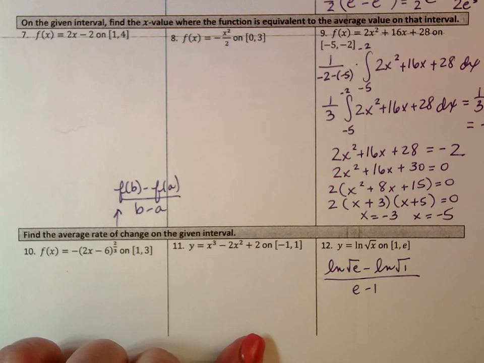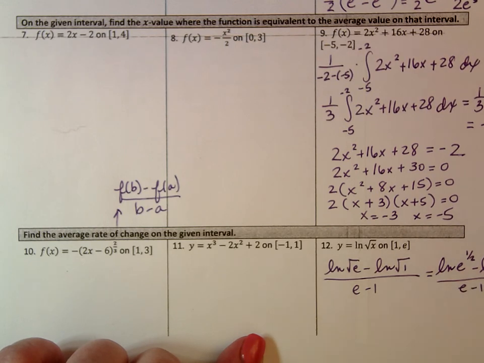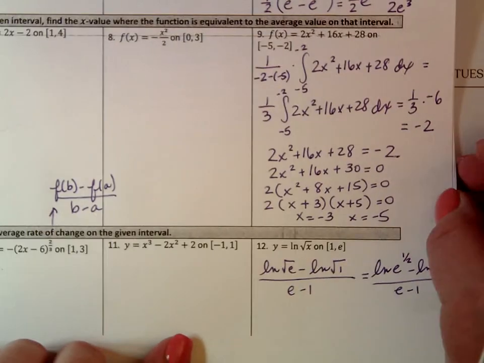All right, so what on earth is that going to look like? It would be like me saying the ln of e to the 1/2 power. Remember, square roots are 1/2. Square root of 1 is 1, minus the ln of 1, over e minus 1. Well, some things from ln's you probably haven't seen for a while.